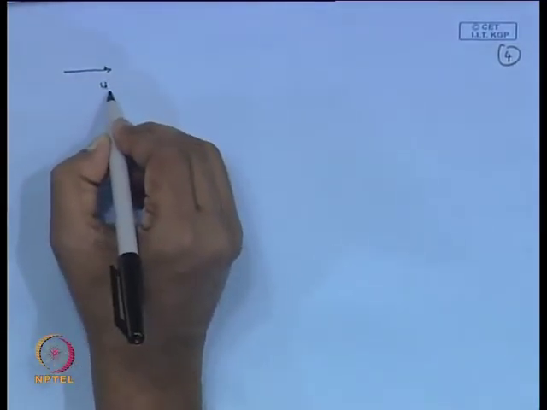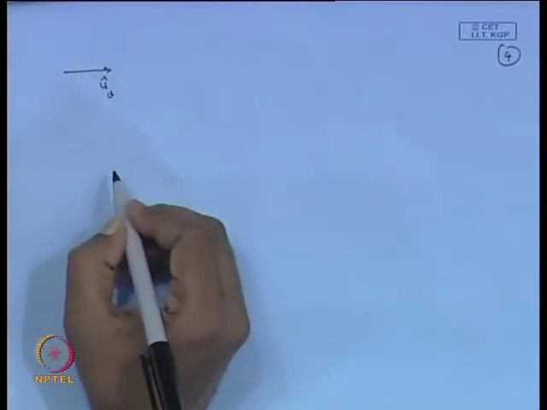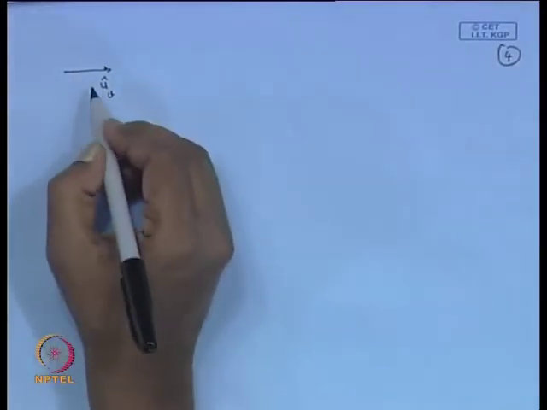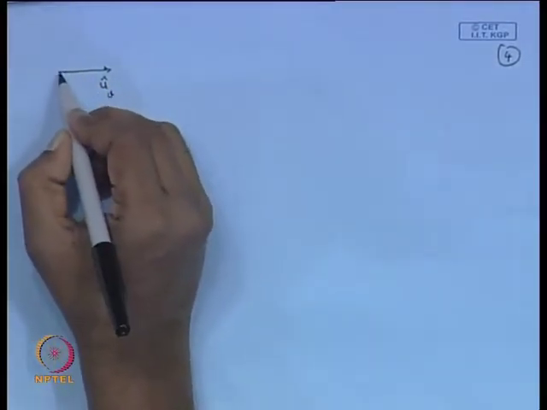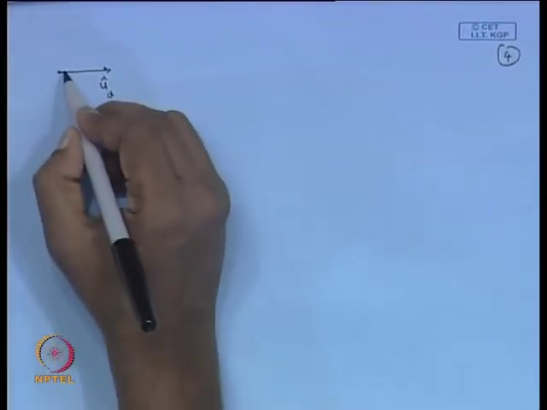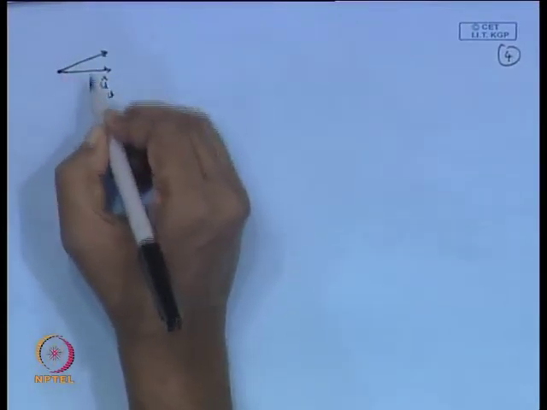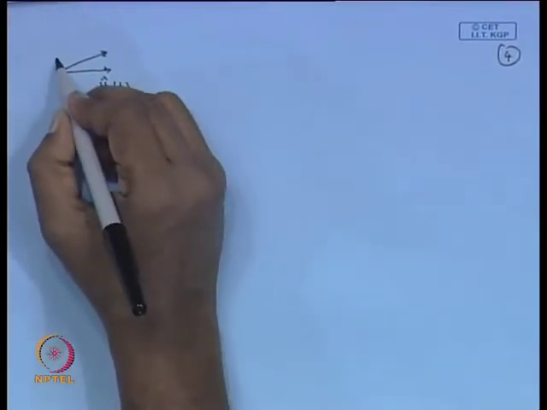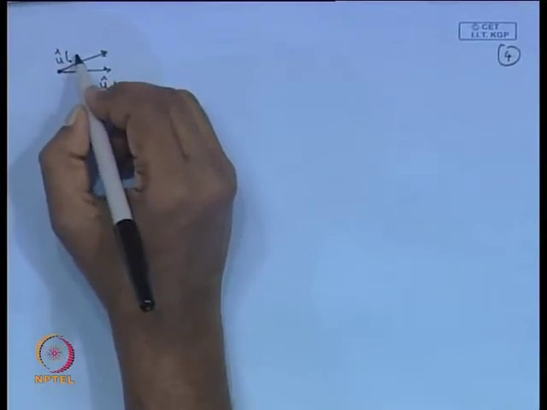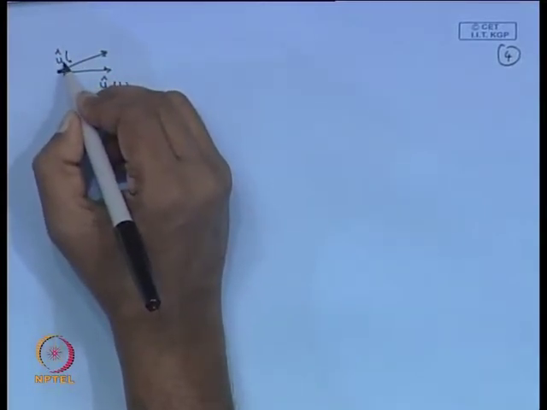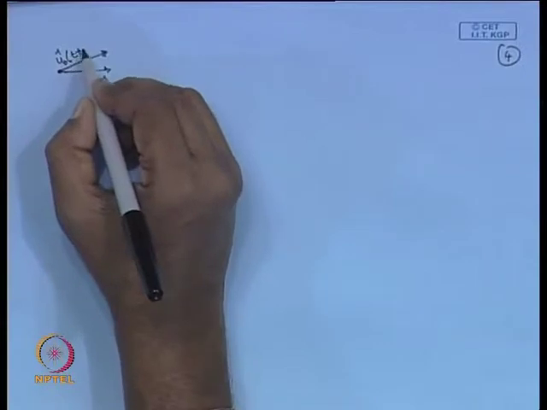As usual, we can indicate a unit vector by u theta. In time delta t, this vector will undergo a change to u theta at t plus delta t.